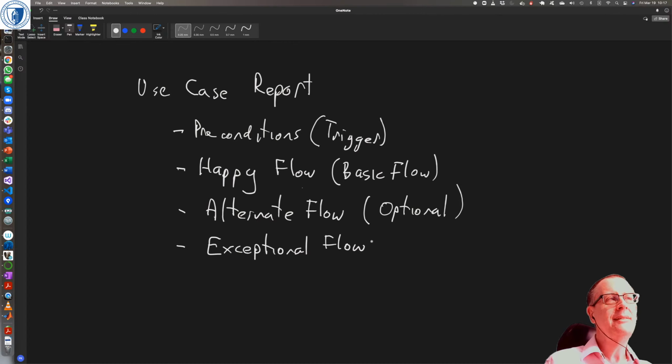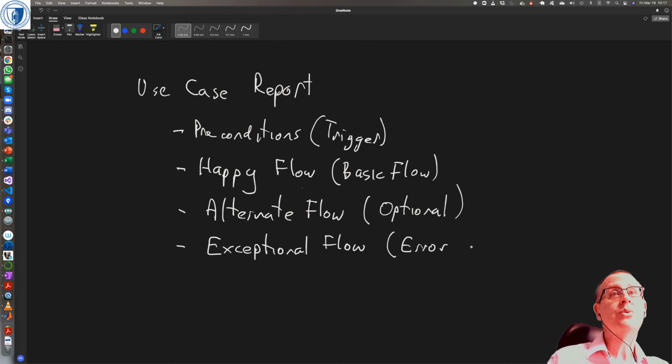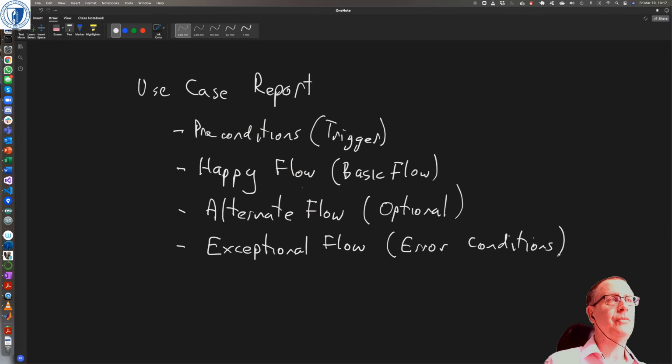So if there are 10 steps in the happy flow, there should be at least 10 steps in the exceptional flow describing what goes wrong at each step and what the response to things going wrong at each step are. So these are the error conditions. And the aim is to figure out what those error conditions are before you write any code, or before you buy any material, or before you make any hardware. The aim is to think around the problem.